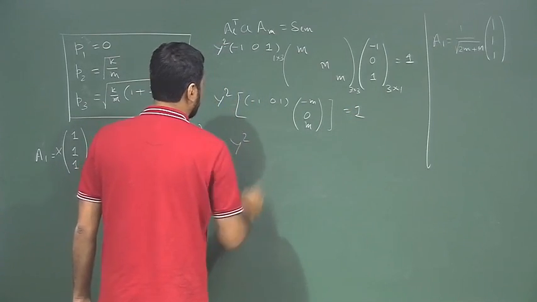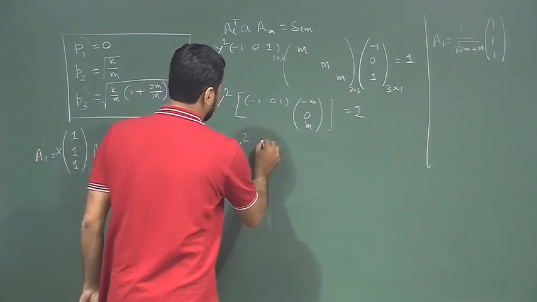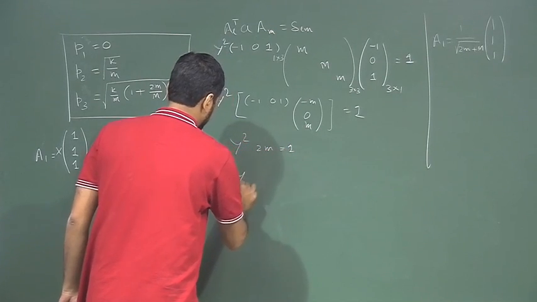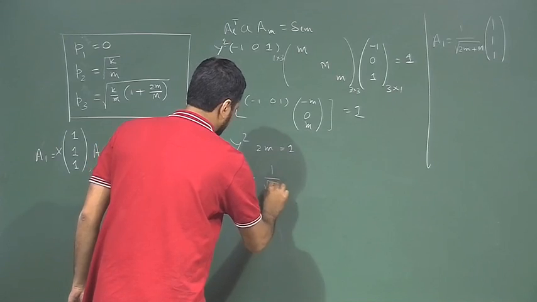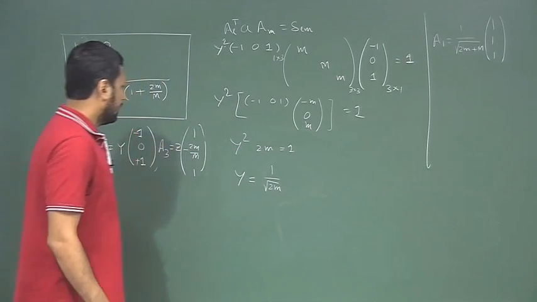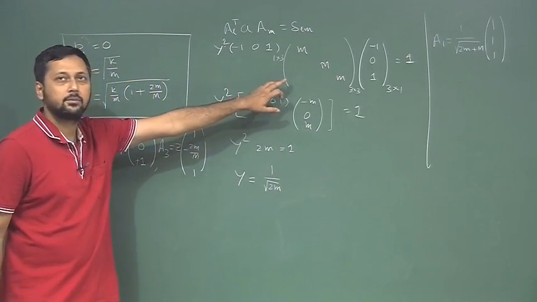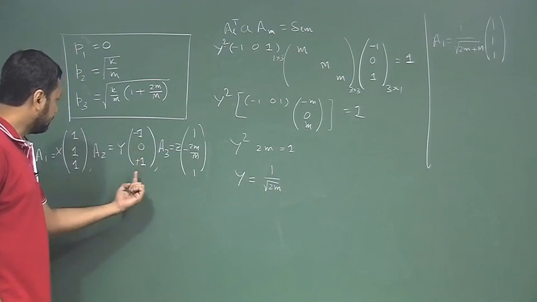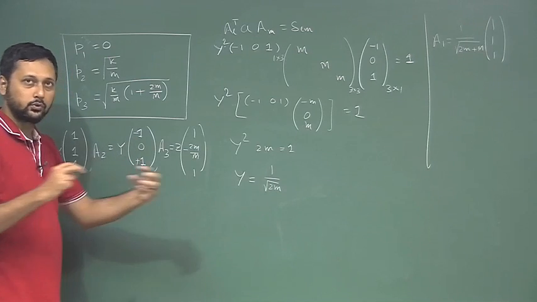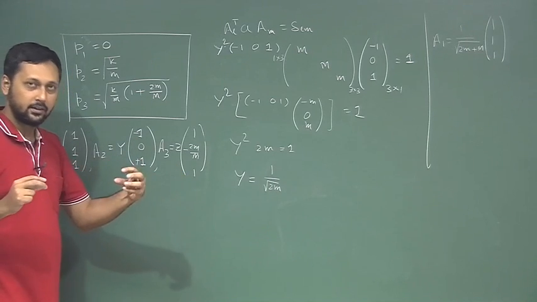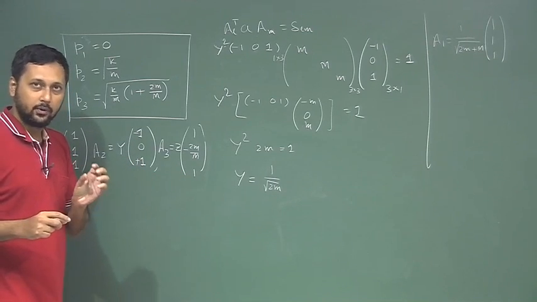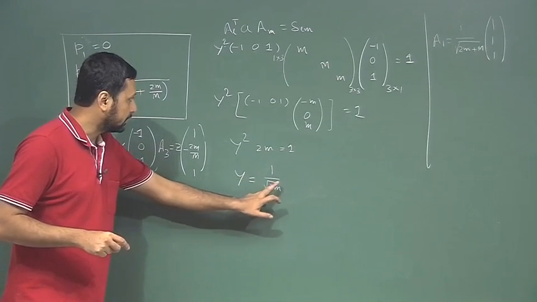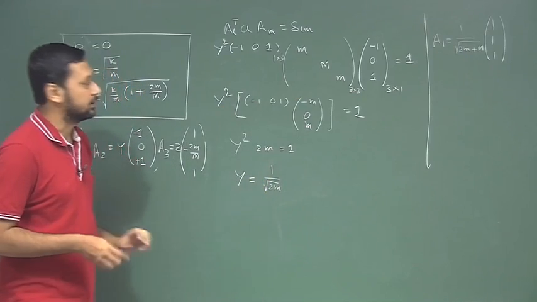So, y square times m plus m, 2m, which will give you y is equal to 1 by root 2m. Okay. So, in this normalization the capital M does not enter, because there is no motion. As I said, for this mode the side molecules go together out or together in, and the central molecule remains stationary. So, understandably there is no association of capital M with the normalization constant.